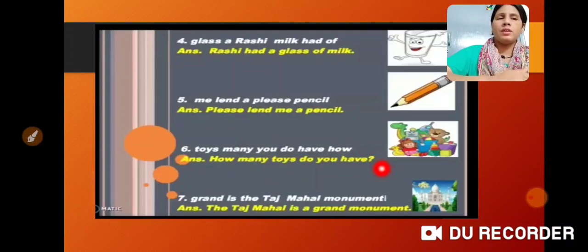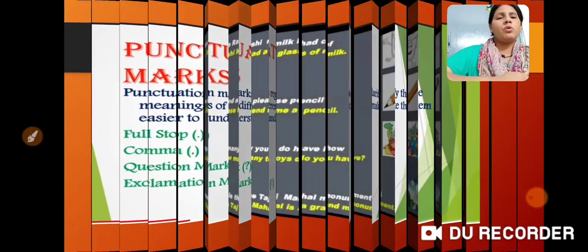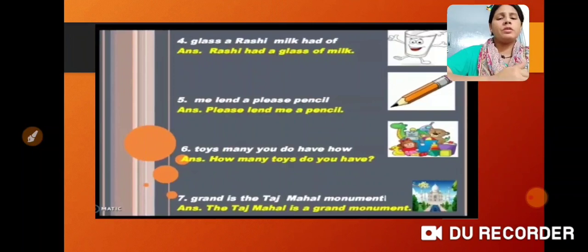Then read these group of words: grand is the Taj Mahal monument. Again these group of words do not make a complete sense, so these are not sentences, but we can rearrange them to make a sentence.